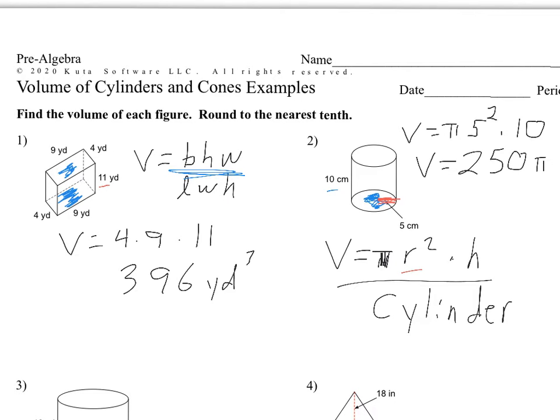Now, just to make it easier for you, because sometimes it's hard to find pi on a calculator, I'm going to let pi equal 3.14 and multiply by that. So 250 times 3.14, and I should get 785 centimeters cubed.